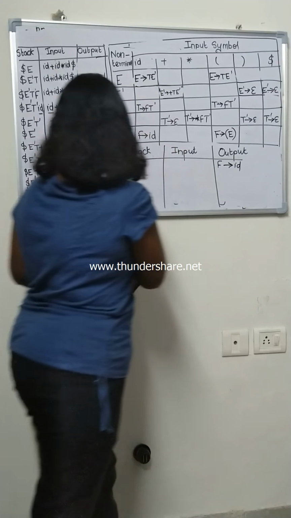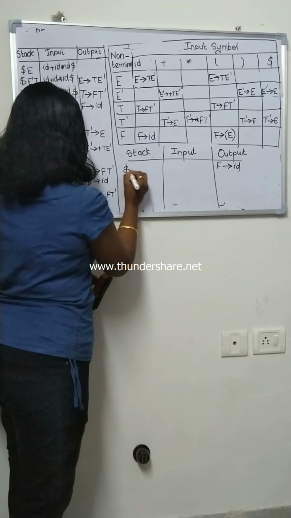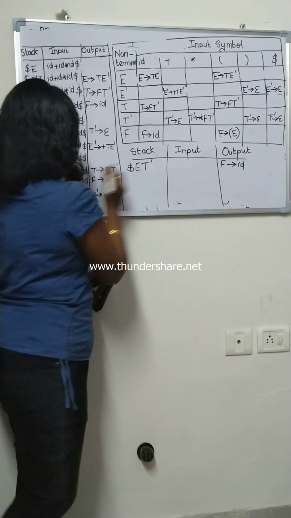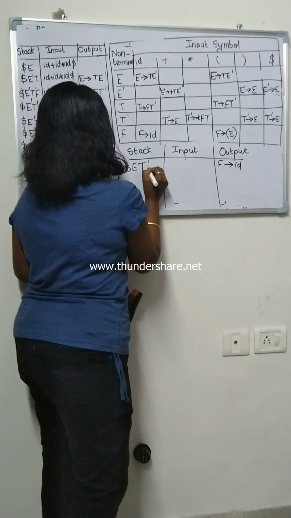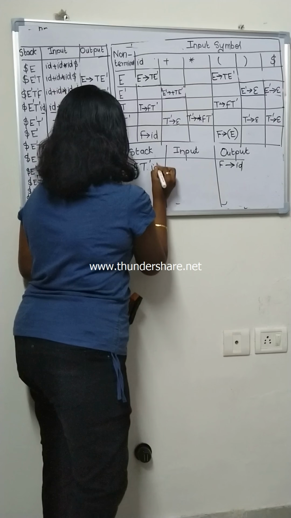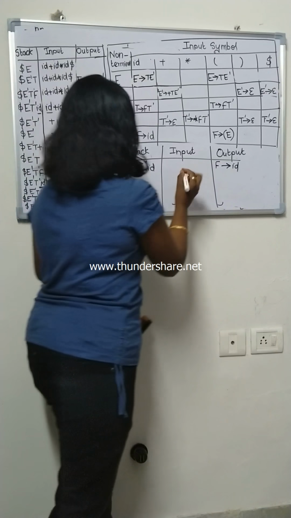Now instead of this F, I am going to write ID, and the remaining values over here.